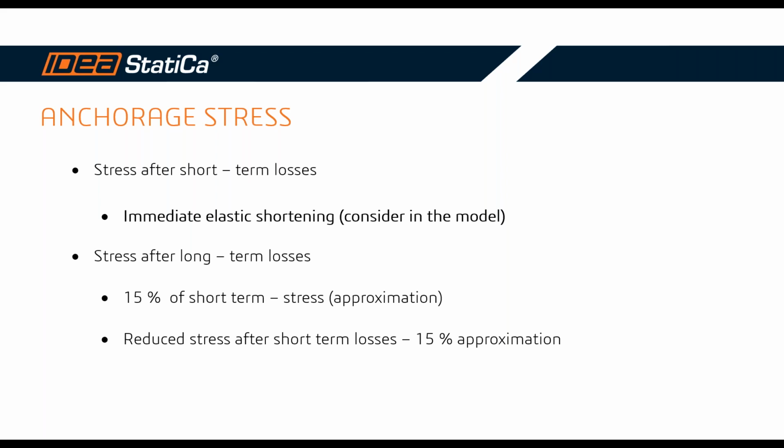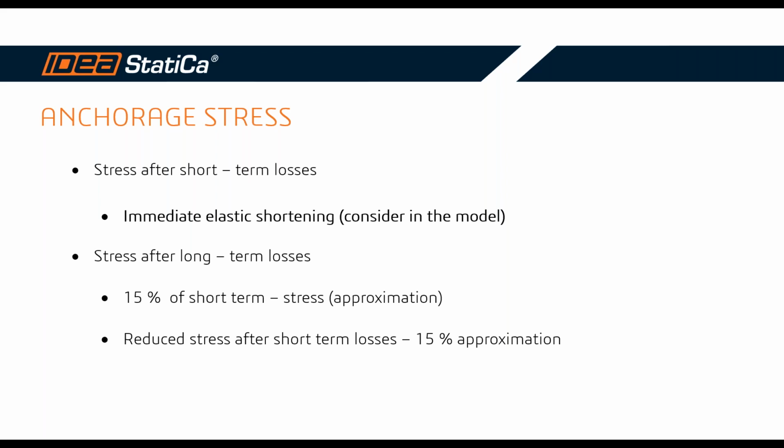Because we don't have any TDA analysis inside the application, so you have to use as your anchorage stress the stress after short-term losses. All the short-term losses have to be included except the immediate elastic shortening, because it's considered in the model.